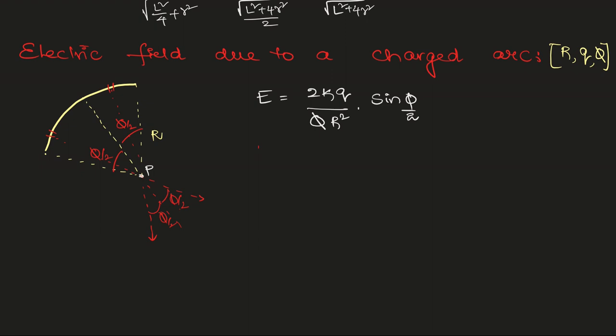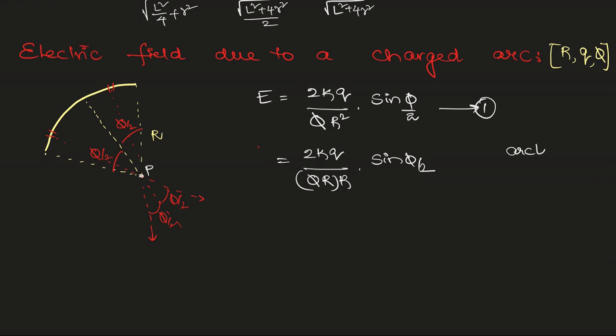and the same equation we can even write like this, 2kq. This is one format. Sometimes they may ask you in terms of lambda. I'll write that format also. Phi r into r into sine phi by 2. So for charge per unit length, here length is nothing but arc length.